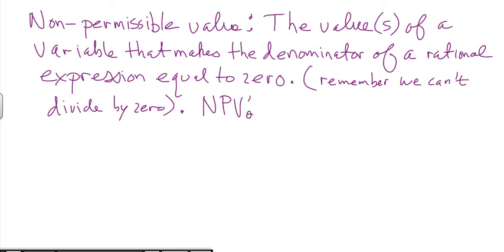NPVs, oh, what's an NPV? Non-permissible value, right? Because it gets kind of tedious writing out non-permissible value all the time. So a lot of times we'll just call them NPVs.